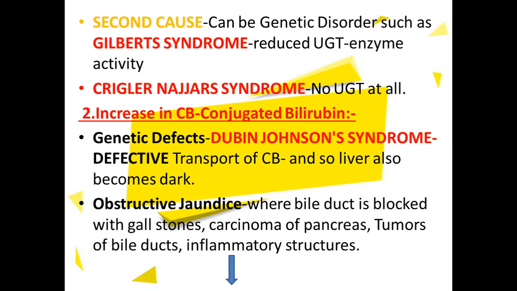The obstruction may be in the bile duct, maybe the bile duct is blocked with gallstones, or a cancerous growth of the pancreas is coming in between the bile duct, or there is cancerous growth of cells in the bile duct, or the bile duct or the gallbladder is inflamed due to infection. So the reason may be many, due to which the conjugated bilirubin remains somewhere in the liver bile canaliculi and is not able to pass further into the gallbladder.